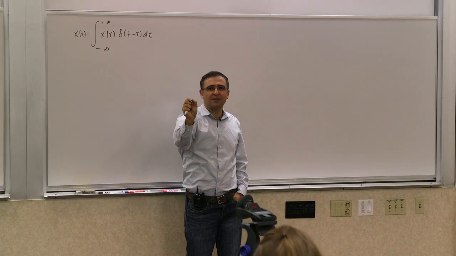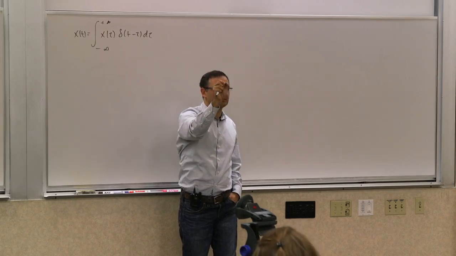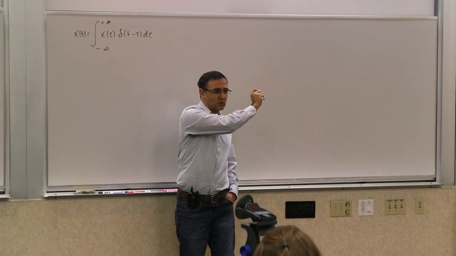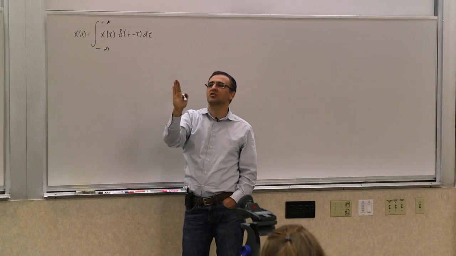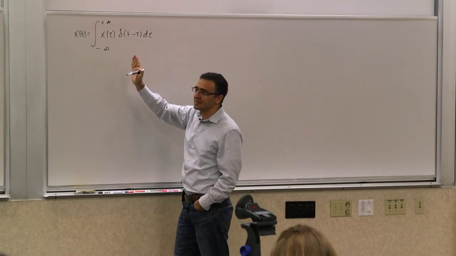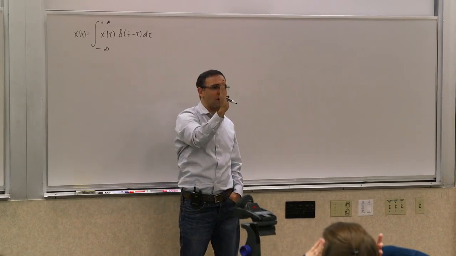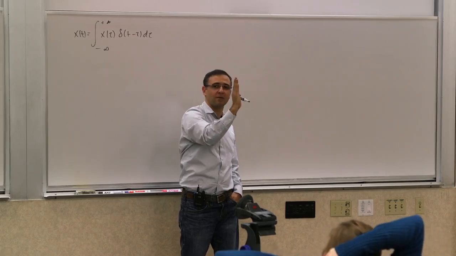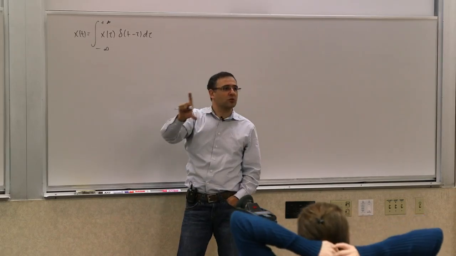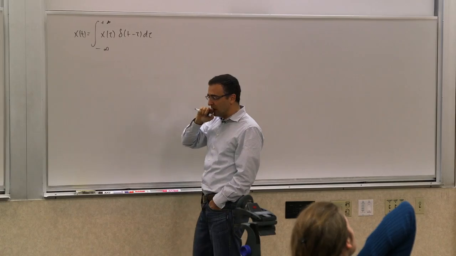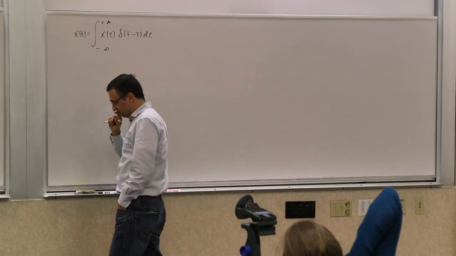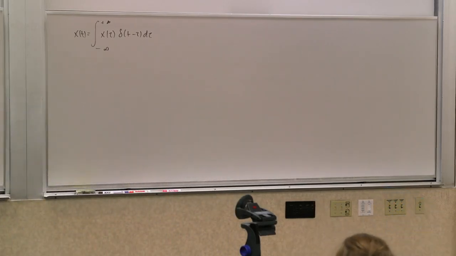We look at the value of that function at that point, multiply by delta of t, scale it, and put them next to each other. So you actually reconstruct the signal. It's a way of reconstructing the signal as a sum of a large number of deltas with different heights, proportional to its actual value at that point. And then we use this to determine the response of the system.